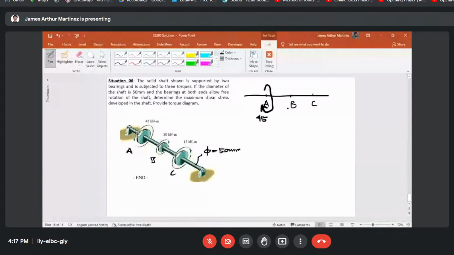And then at point B, the rotation would be in this manner, and it is 30 kilonewton meters. The direction of B and C is the same, right? So it will have this rotation as well.